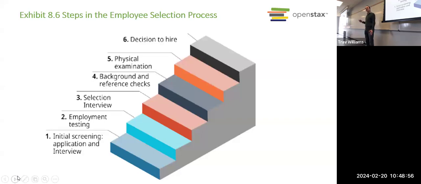For an entry-level job, from the time you apply until the time you start, it's often a couple weeks, maybe even a couple months. For a higher level job, that process could take a year in some cases.